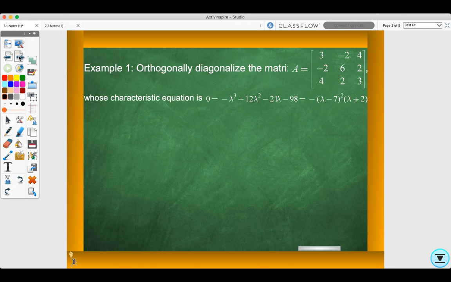Let's look at example 1. Orthogonally diagonalize the matrix A, whose characteristic equation is shown. So the first thing we need to do is find a basis for lambda equals 7 and a basis for lambda equals -2.